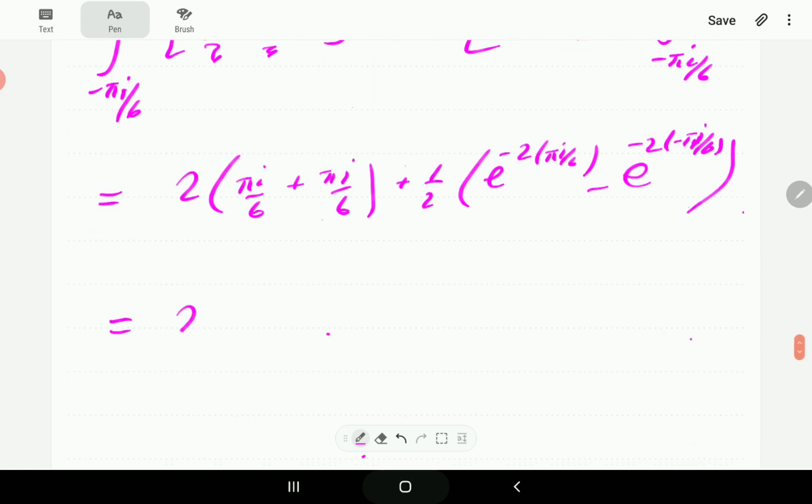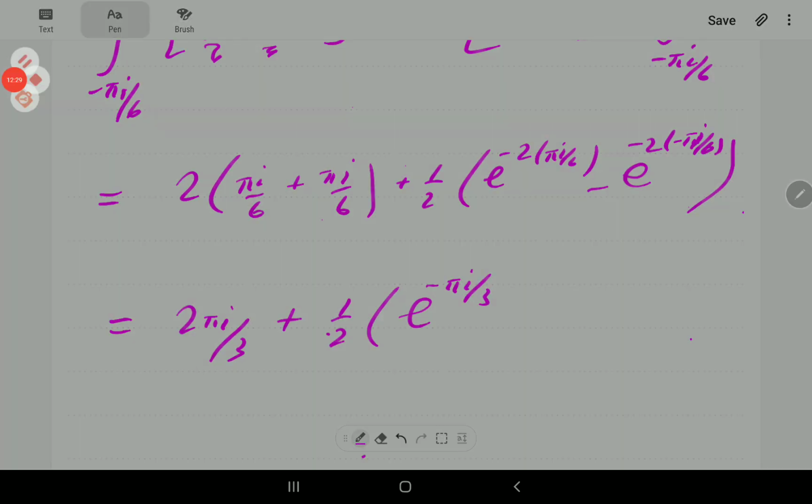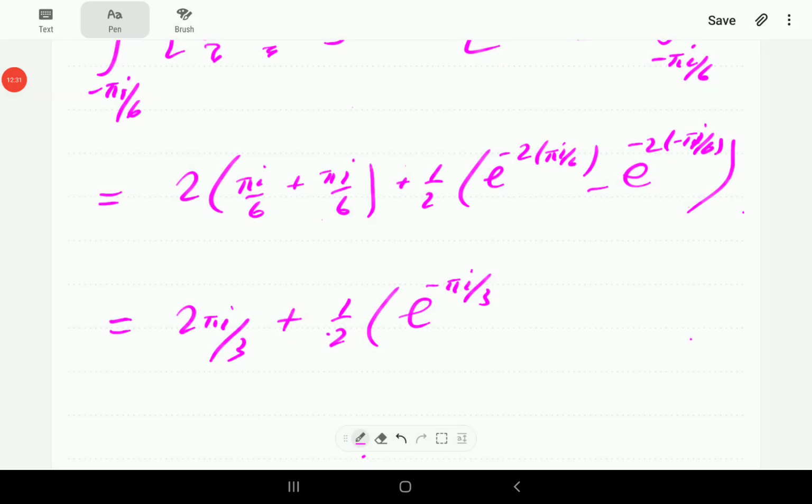The first one is just going to work out to 2 pi i over 3. The second one is going to be 1/2 times e to the minus pi i over 3, minus e to the positive pi i over 3.